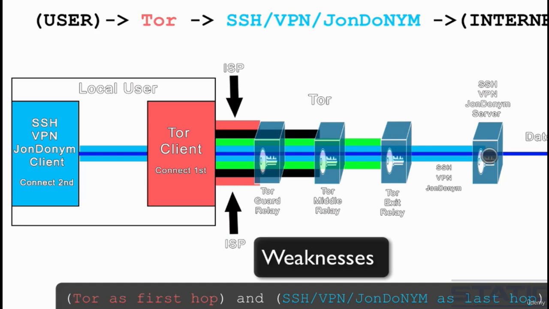Before this, the three-layer multiple hubs are connected, and the local user or Tor client first goes to the Tor guard relay, with the help of the ISP of course, but in the last the SSH, VPN, Jondonym server is stopped, and the SSH, VPN, and Jondonym server is the best protection against the local user Tor client.